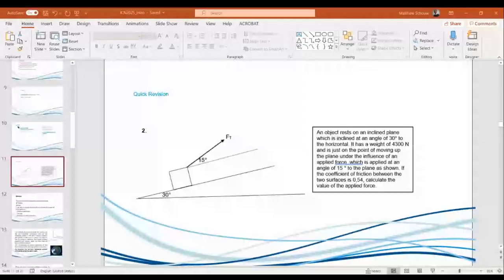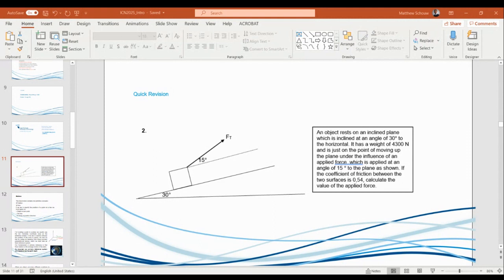I'm not sure exactly what you were taught previously in mechanics. This is like a revision chapter itself, because normally it's taught there. As Mr. Abriel said, we assume this body is in equilibrium, meaning it's not moving, it is stationary, and no other forces are acting upon it.